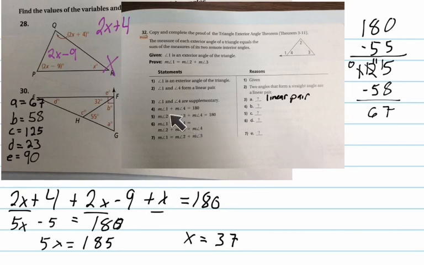Part B, 1 and 4 add up to 180. What word tells us that? This is the definition of, by the way. What word tells us that 1 and 4 add up to 180? Supplementary, yes. Say it with confidence. Number 5.